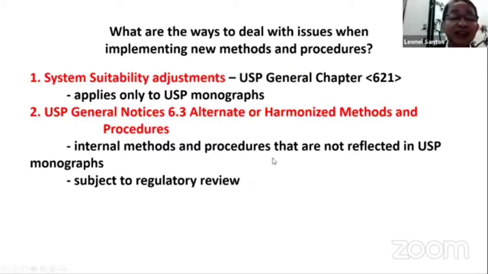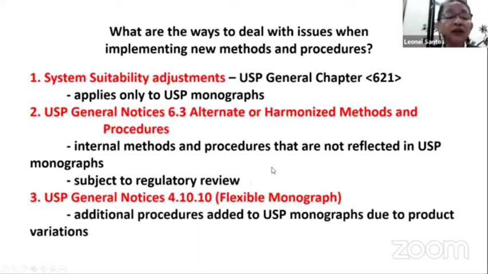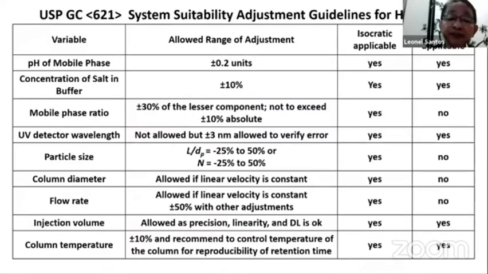The 3rd way would be, if you want, you can contact USP so that your modified alternative procedure can be added to the USP monograph, simply because you have a little bit of a different product compared to the other products. But this would require a lot of collaboration with USP staff. So these are the ways to implement new methods if you're having issues.